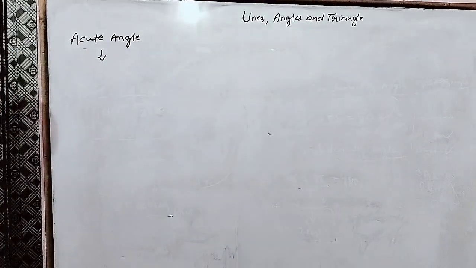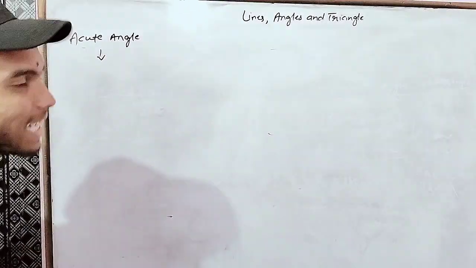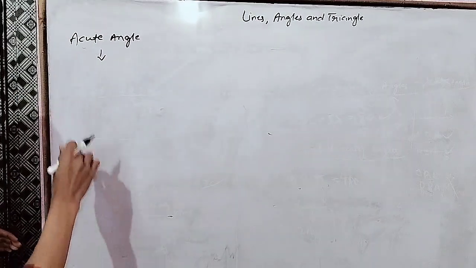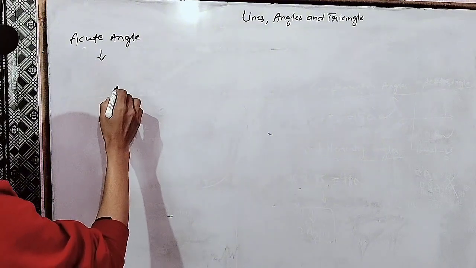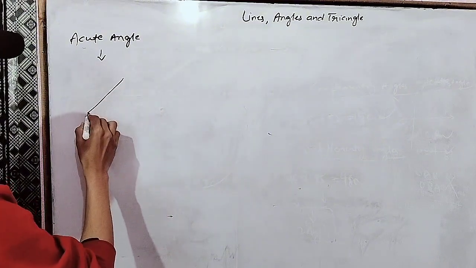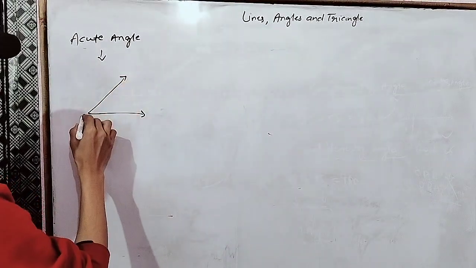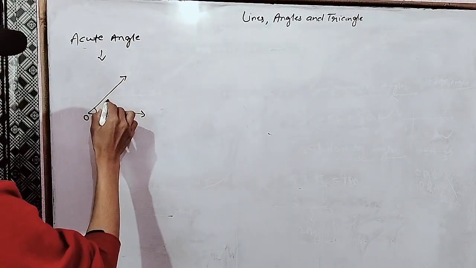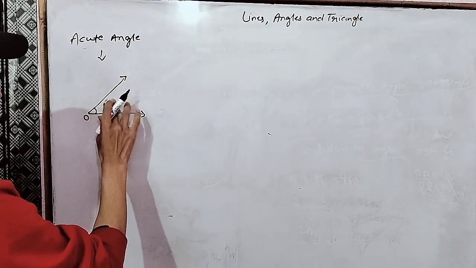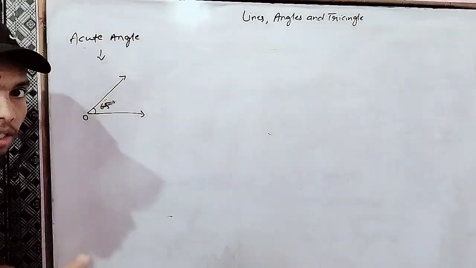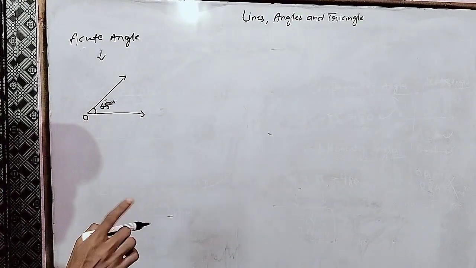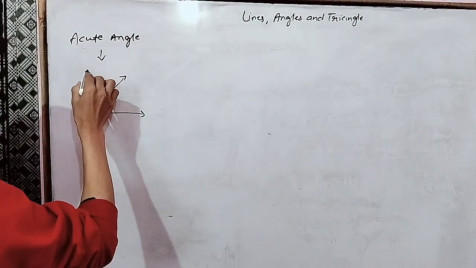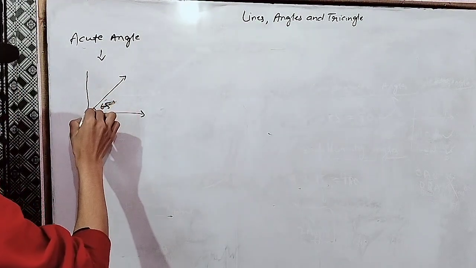What did I tell you? I told you that value of this, for example, this is 0, and value of this is 65 degree. Value of this is how much? 65 degree. Now, right angle, which means 90 degree, right?